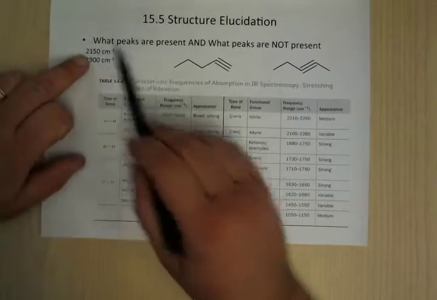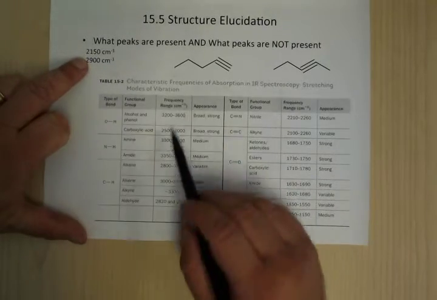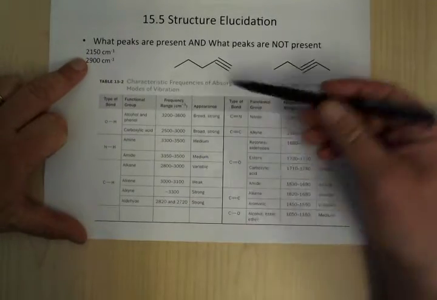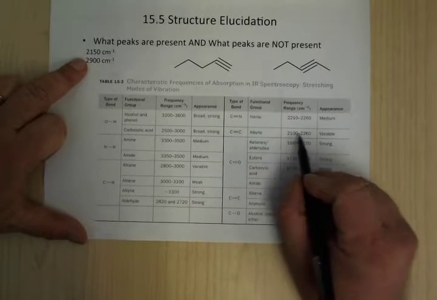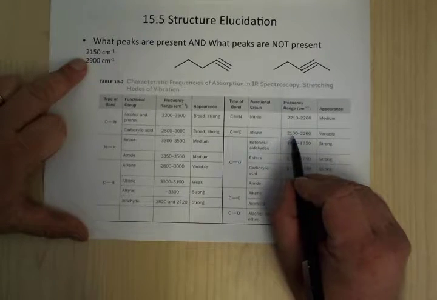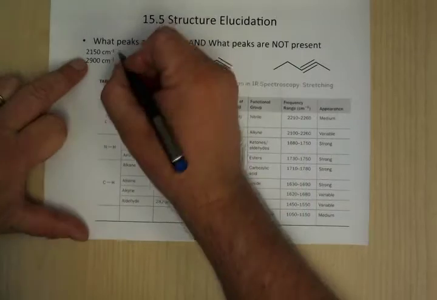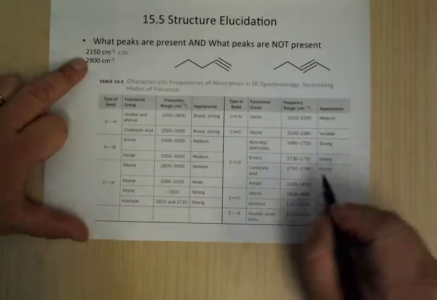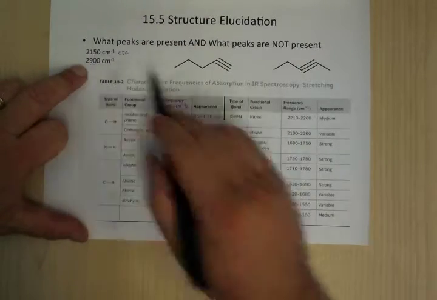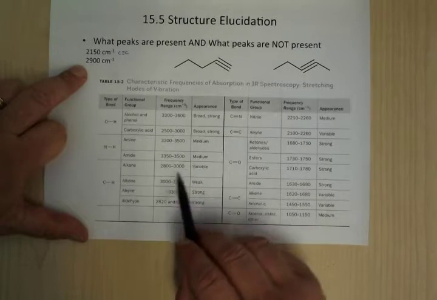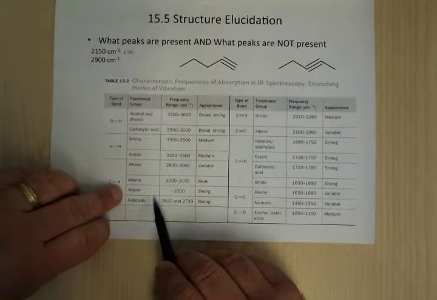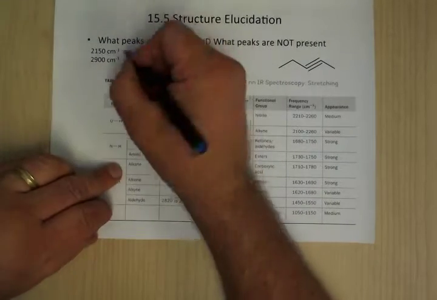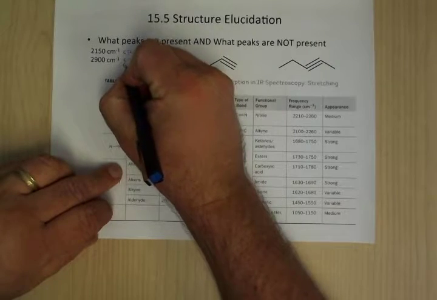Okay, and so this one at 2150. Okay, so you look at this and, hey, it's probably the alkyne peak. Okay, 2900, so this is probably just the regular CH, so the alkane CH stretch.